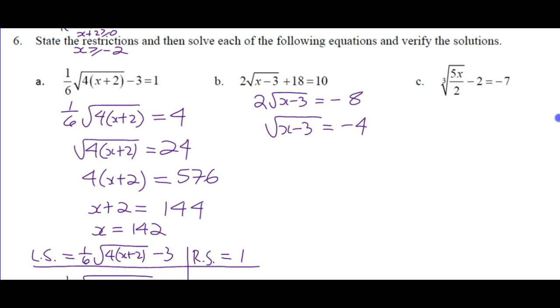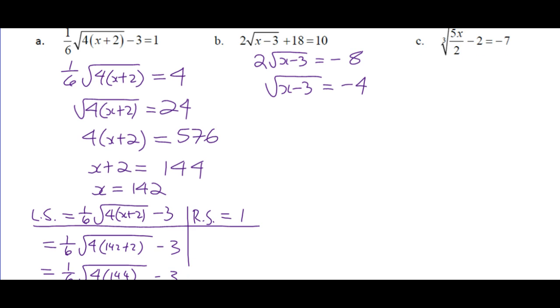If you're in a pattern, you're used to just working it out. But we could stop now and simply say, look, I've got a radical that's equal to a negative. A radical is always positive. I don't have a minus sign in front there. So if that had been like negative 2, it would be fine, because this would have divided out and made positive, we'd be okay. All right, but I'm going to solve it anyways and then verify it just so that we get a verification. We can say, hey, no, this didn't work.